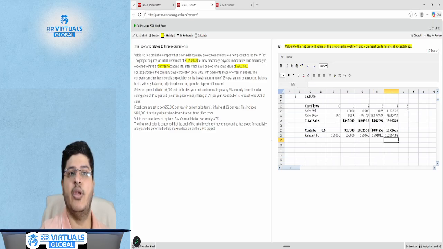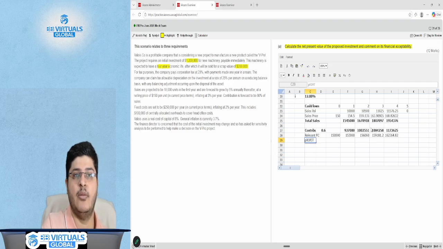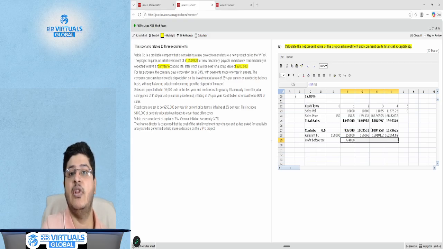So this is contribution minus fixed costs. Now you can say profit before tax. So PBT, profit before tax, is contribution minus fixed cost, without considering depreciation. We can calculate the tax allowable depreciation, the tax benefit, separately.